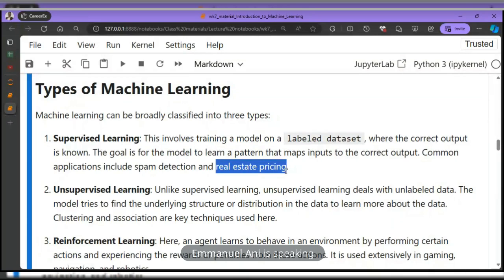That is the same thing that supervised machine learning is trying to do. In this example of real estate pricing, you are giving it certain features: how old the house is, if it is a duplex or not, if it's a bungalow, if it's located in the city, if it has running water, and all of these things. The computer will take all these features and use them to learn.